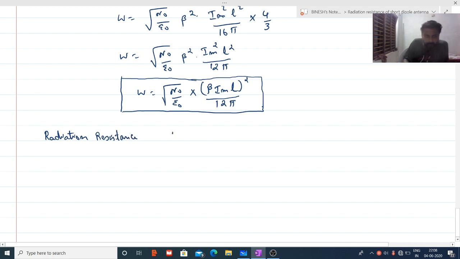Radiation resistance is given by RR is nothing but 2W by Im square.